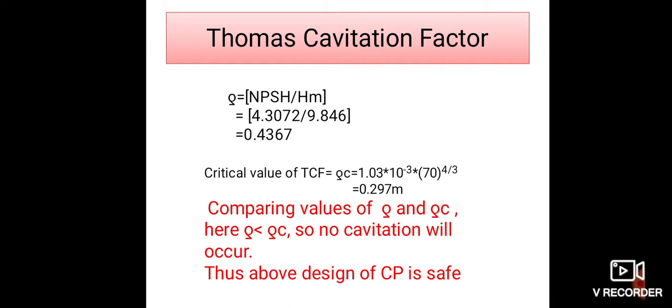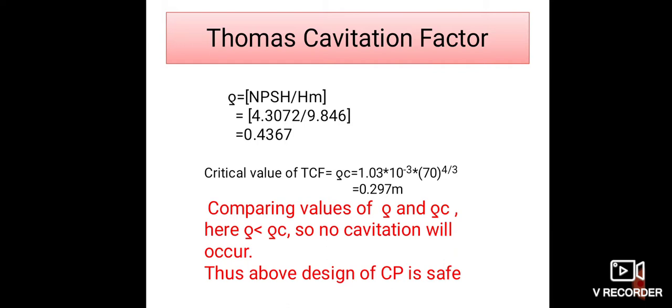Now the critical value of the Thoma cavitation factor, sigma c, is 1.03 into 10 raised to minus 3 into the specific speed raised to 4 by 3, which gives 0.297.